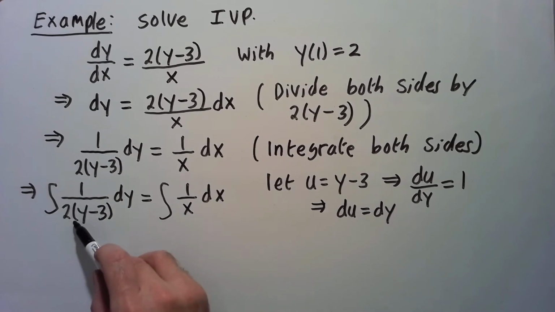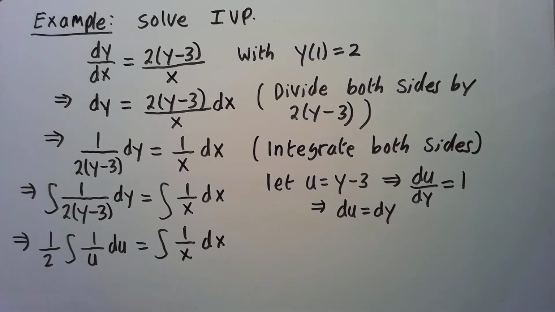Let's make the substitution over here then. I pull the 1/2 out front of the integral, so it'd be the integral of 1 over u du equals the integral of 1 over x dx. So it's going to be ln of u here, and ln of x. So let me write it over here.